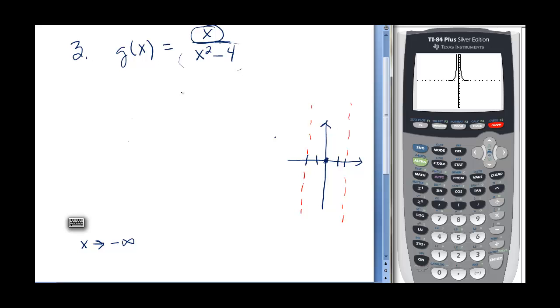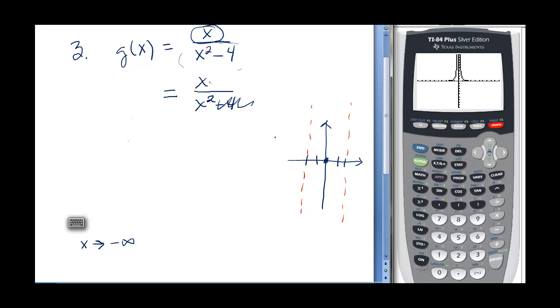When x gets really, really big, what's going to happen to the output of this function? Well, we have to analyze this. As x gets really big, the negative 4 really wouldn't matter. It'd become pretty insignificant pretty fast.